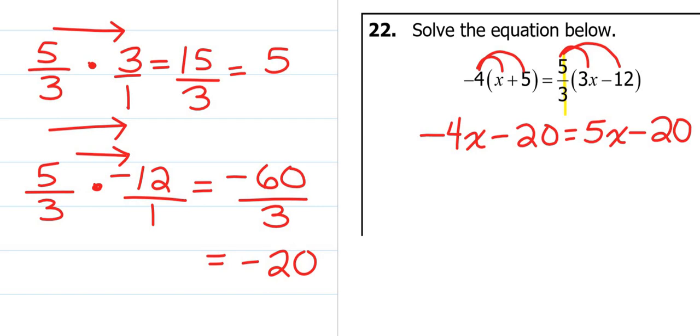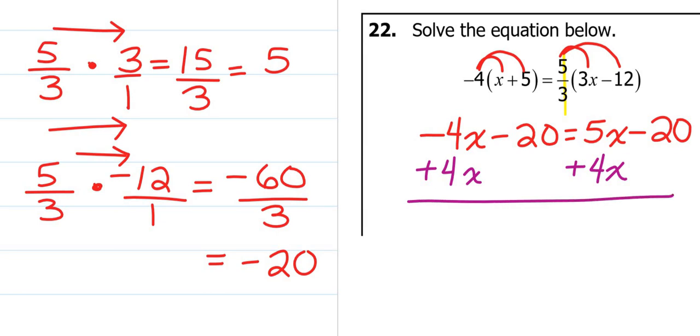So let's start by bringing over the negative 4x to the right-hand side. So add 4x to both sides. So we have negative 20 equals 5x plus 4x is 9x minus 20.